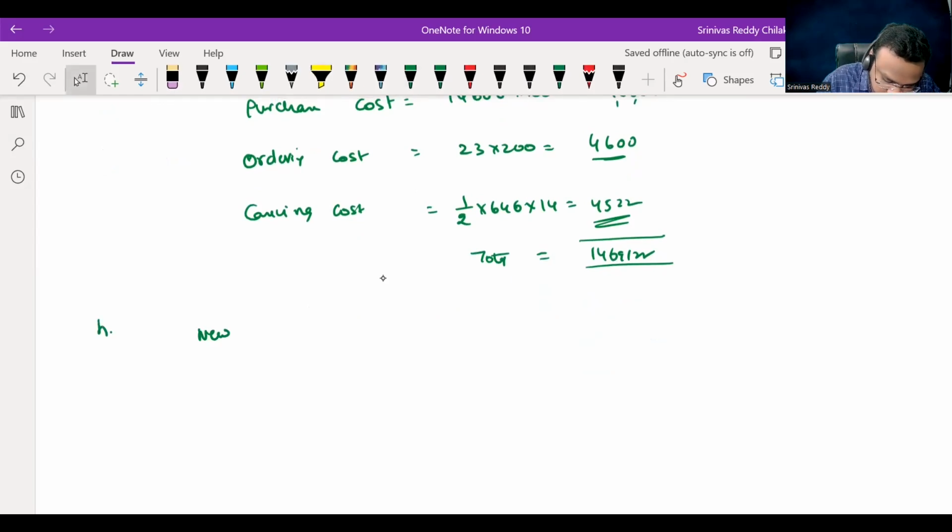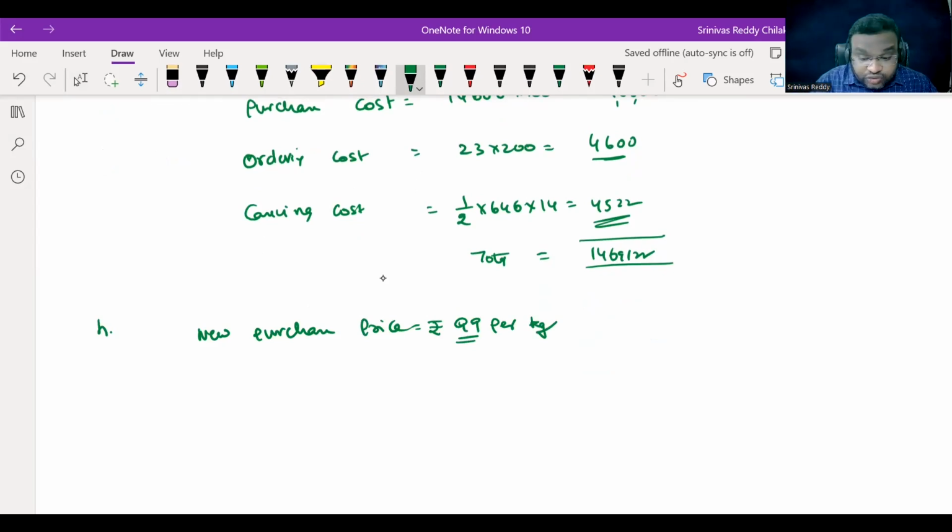New purchase price, 1% discount means 99 rupees. Correct? Now, my carrying cost will also change, because the 1% is a variable on the purchase price.